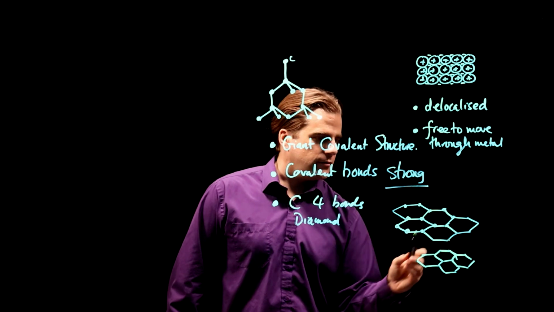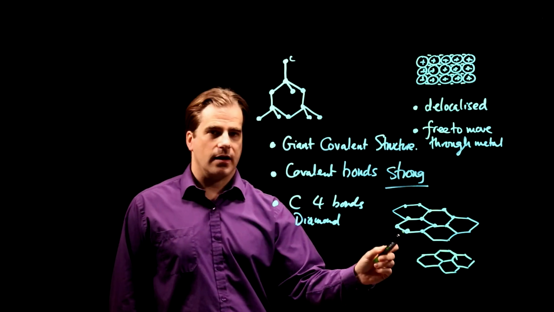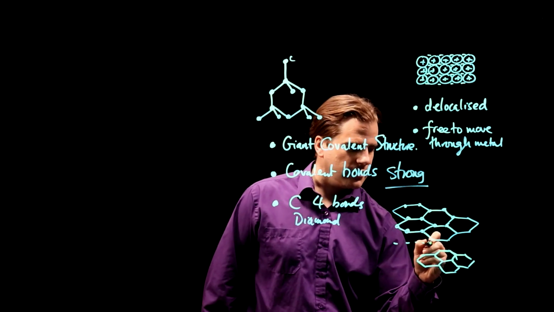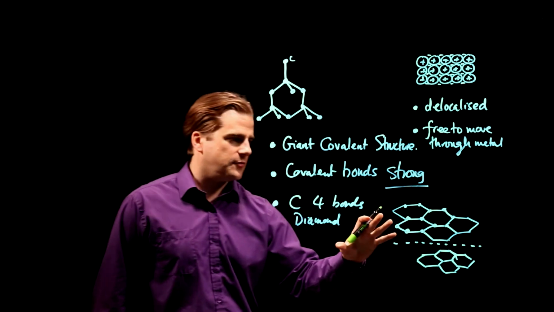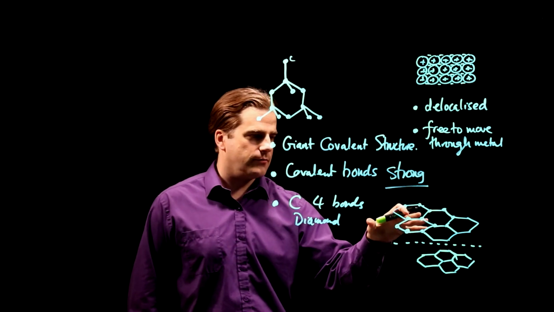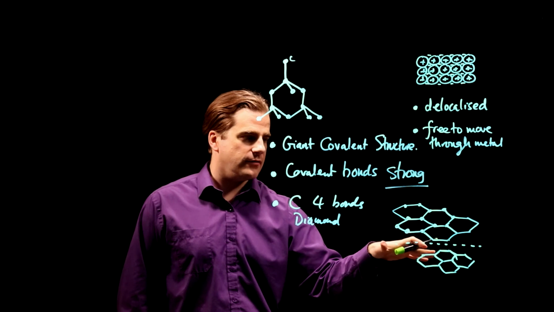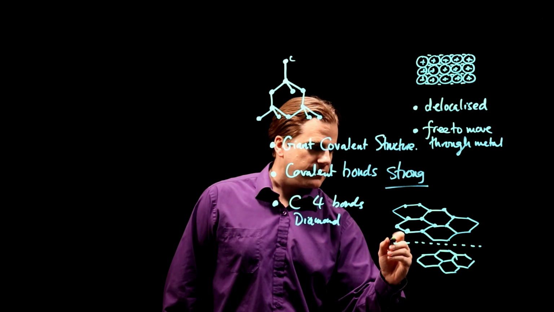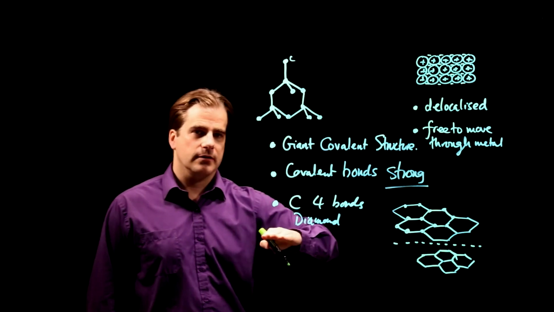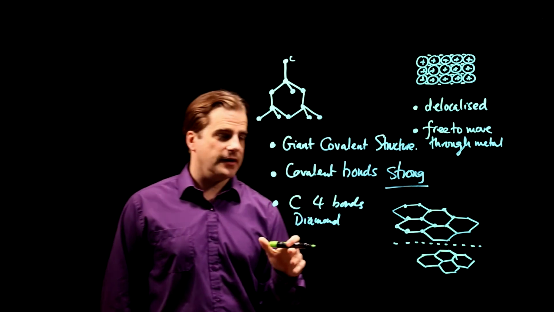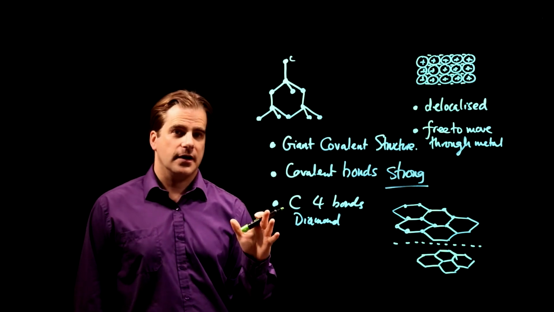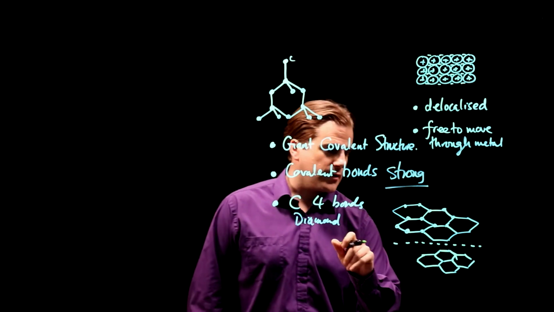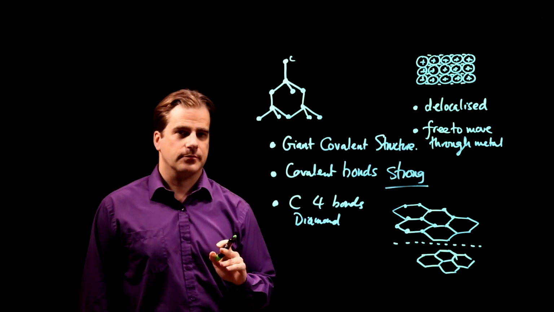And the electrons are delocalized in graphite, and the electrons live in this space in between the layers of carbon, which means that they're free to move in this direction. So graphite can actually, believe it or not, conduct electricity, even though it's pure carbon, because the electrons can move in between the layers.